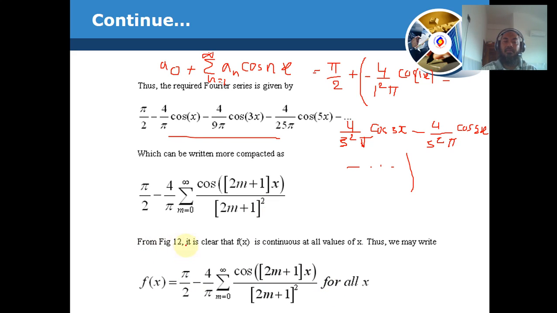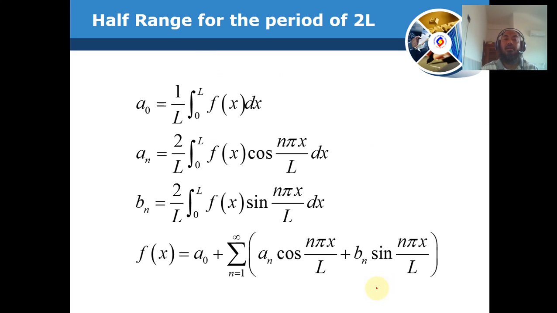Okay, so from figure 2 it is clear that f(x) is continuous for all x, so we may say that f(x) equals pi divided by 2 minus 4 multiplied with this, for all x. Alright, so we go to half range of 2L after the break.